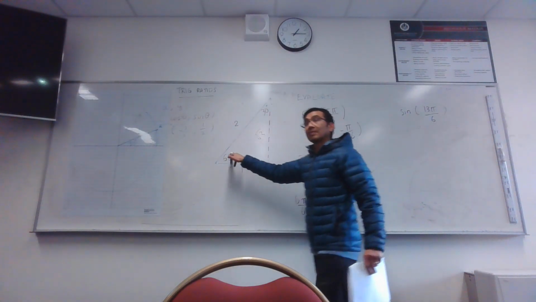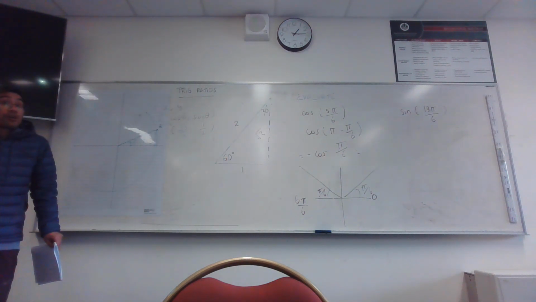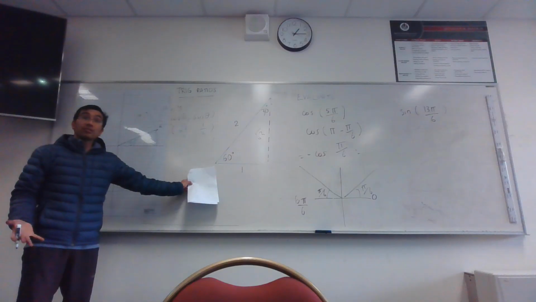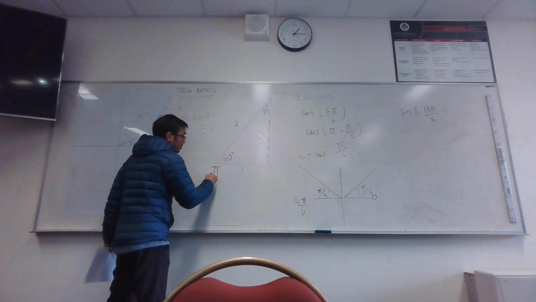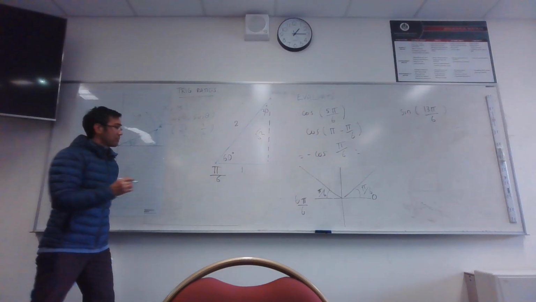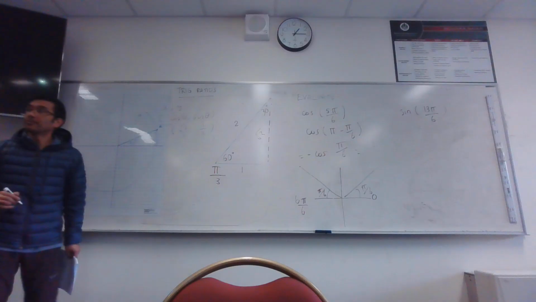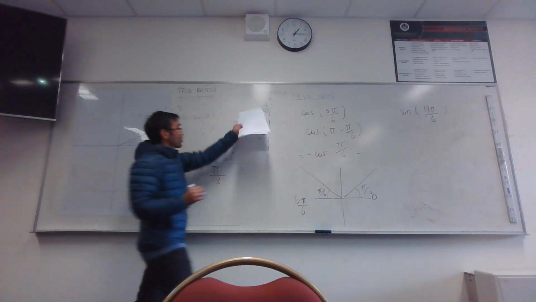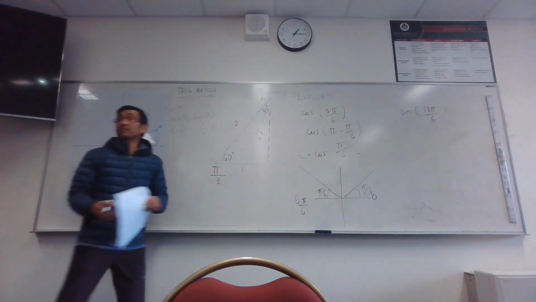Over here, 60 degrees is pi on 3, and 30 is pi on 6.